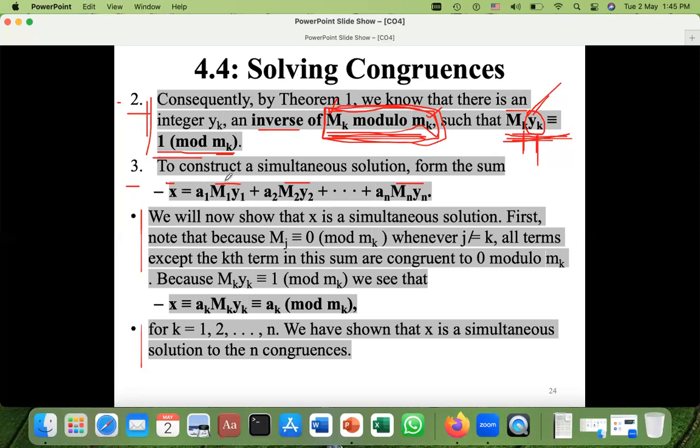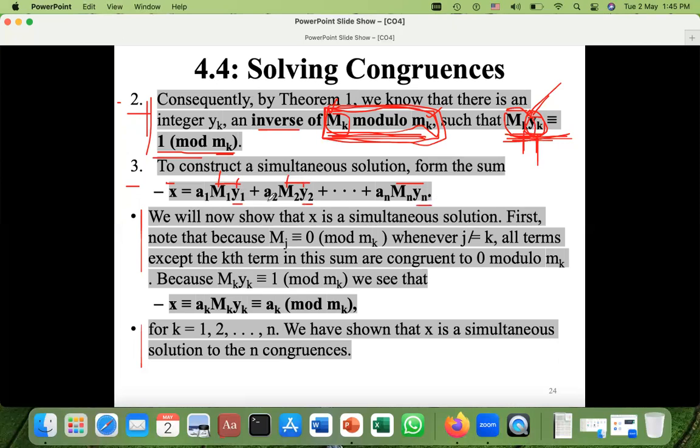You have the value for M1 and the value for y1, which is the inverse, and so on for Mk and yk. The y's you will get from step 2: when you have the inverses for all the cases, you can write those inverse values here for all the y's.